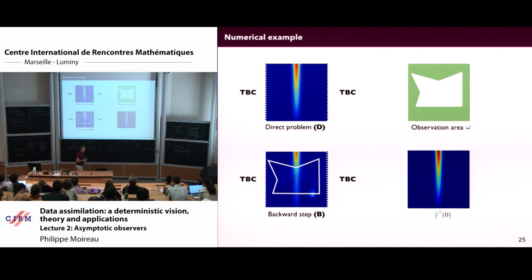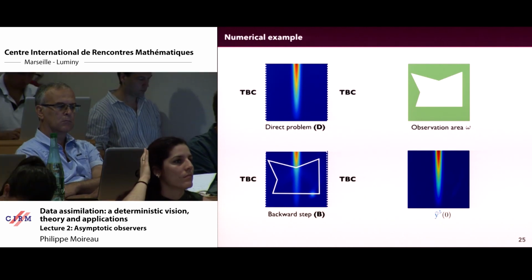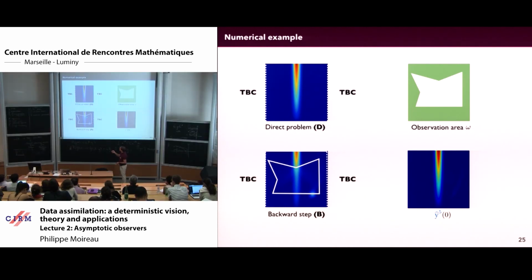Okay? So I'm not as good as Kalman, because in Kalman, in one iteration, I can rebuild everything. In that case, I need 5 iterations to rebuild the initial condition. But it works pretty well. Okay? And this observer is pretty much as cheap as the direct simulation, because you don't have any Riccati to solve. It's super easy to implement. Okay?